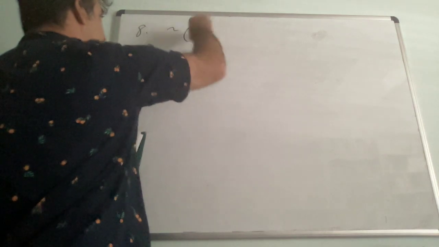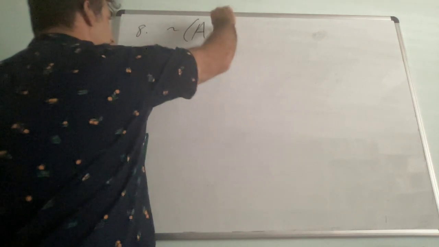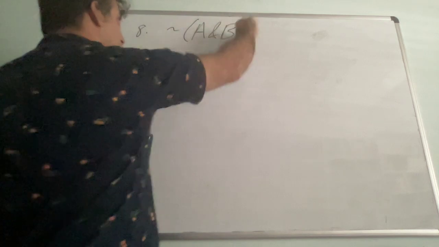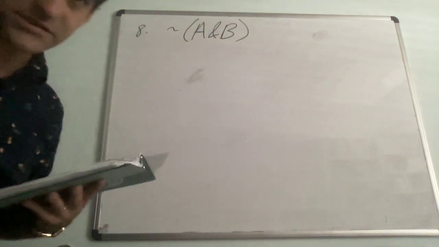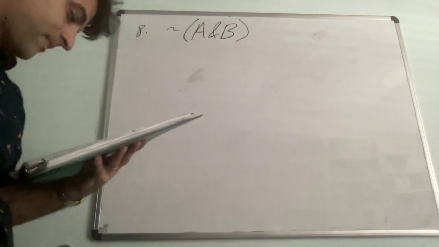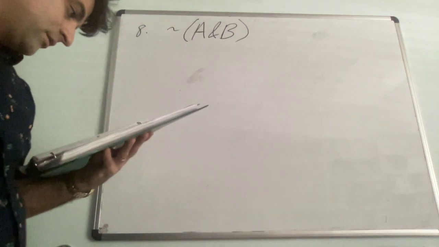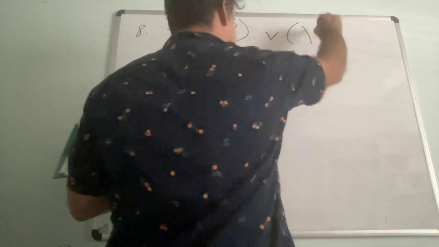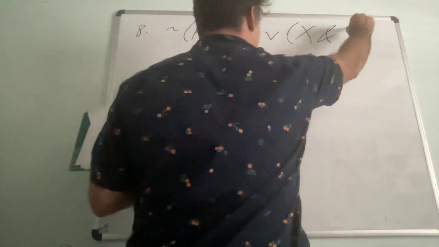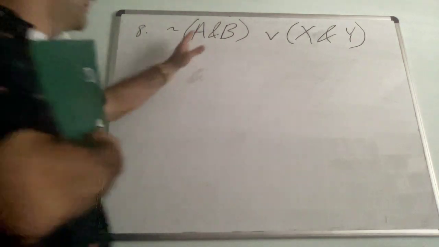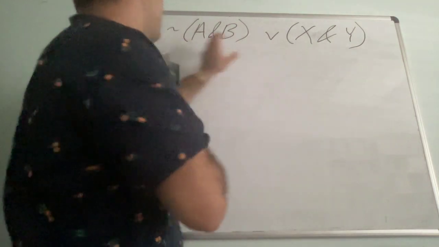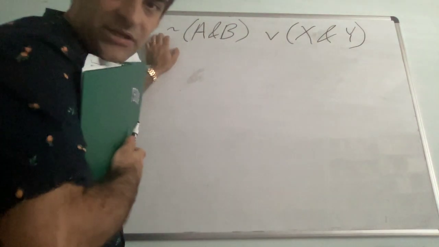Not, parentheses, A and B, or, parentheses, X and Y. Okay? So we have a very similar thing, parentheses and with an or in between, but we've got this negation here.